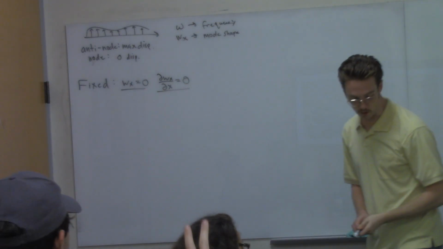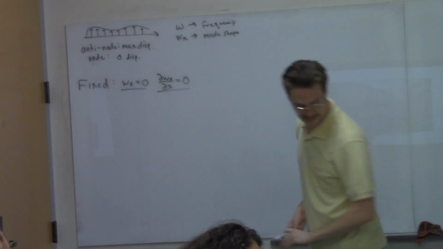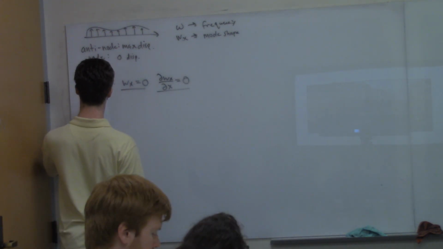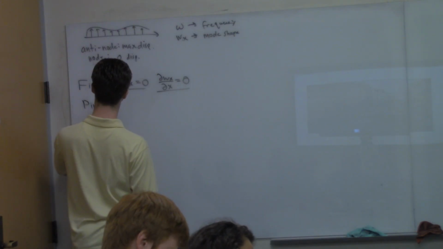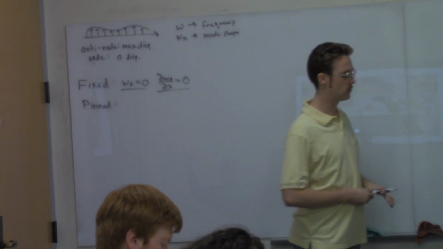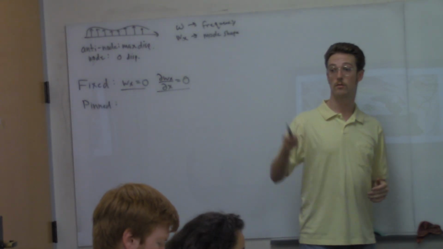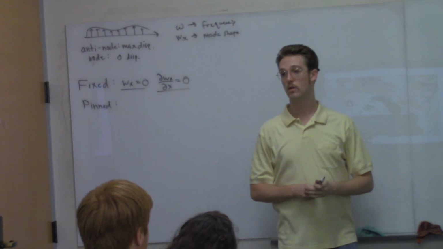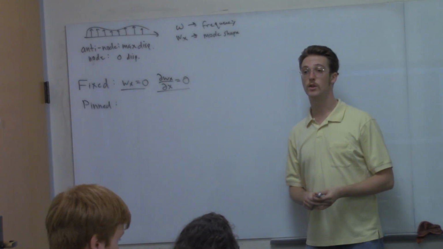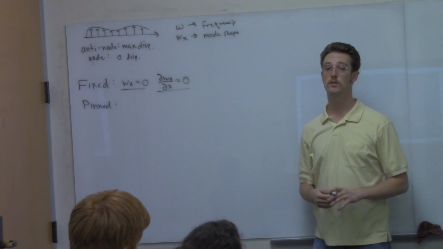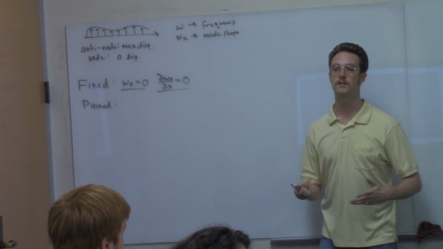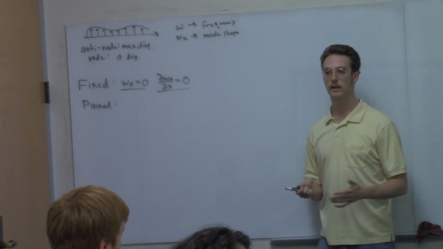And so for a pin end, we have Wx, not just W, because we're talking about mode shapes, which are spatial distributions rather than temporal. We already know how these operate temporally, with time dependence.